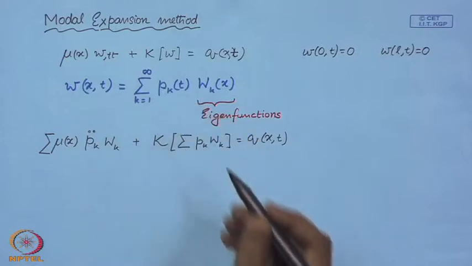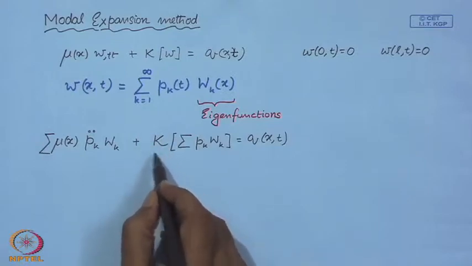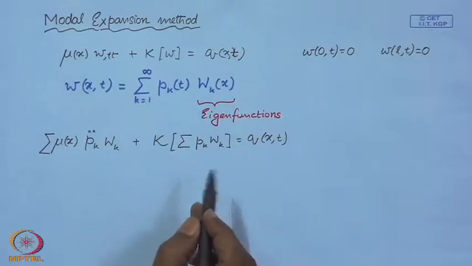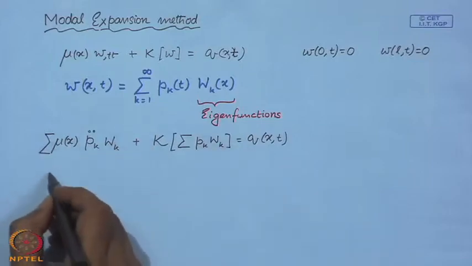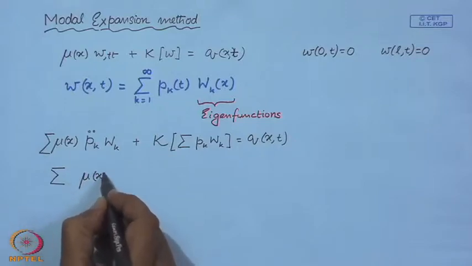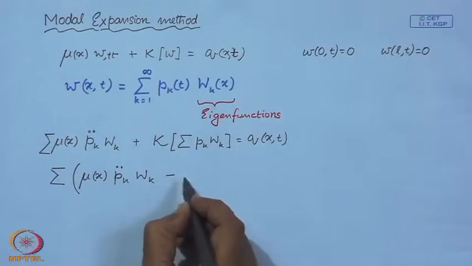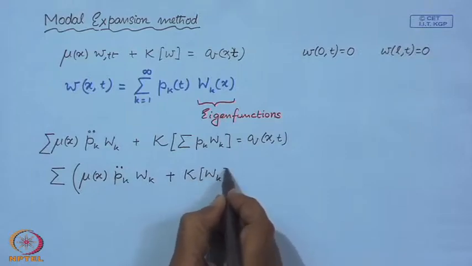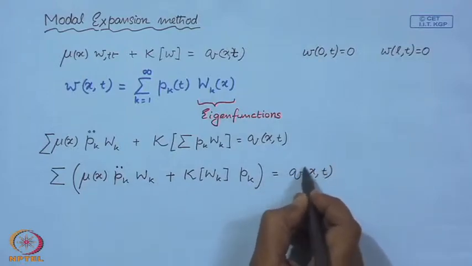We have substituted this expansion in the equation of motion, and here K is a linear differential operator, and therefore we can commute this summation and the operator and rewrite this equation in this form.